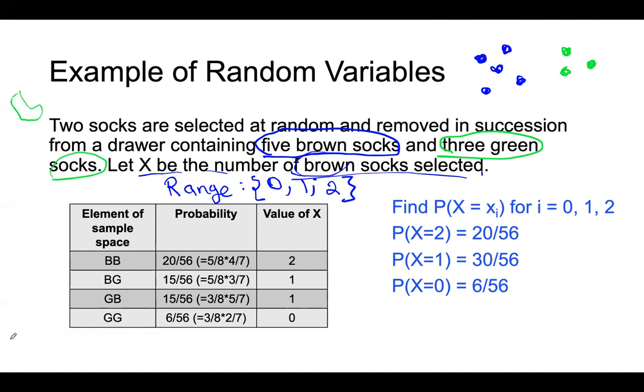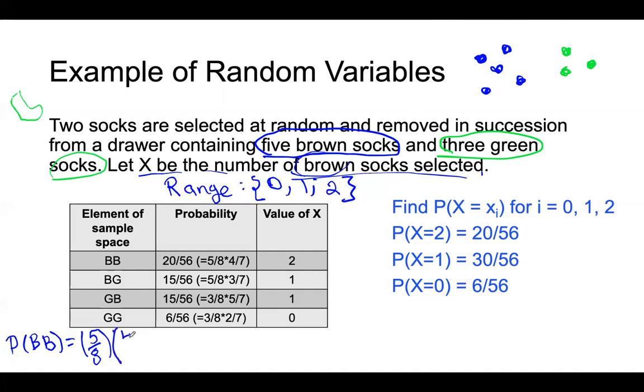The probability of a brown and a brown would be, well, your first sock selected is going to be brown. So 5 divided by the total, 5, 6, 7, 8, times the next one. Well, 1 is removed.